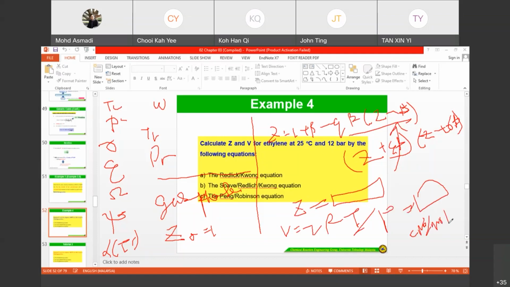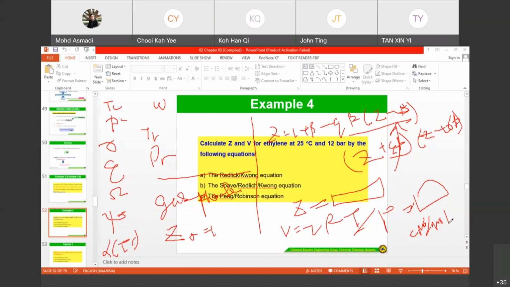Okay, any answer from you? Afiqah, what is the answer? Have you calculated this one? In the previous class I told you to solve it.